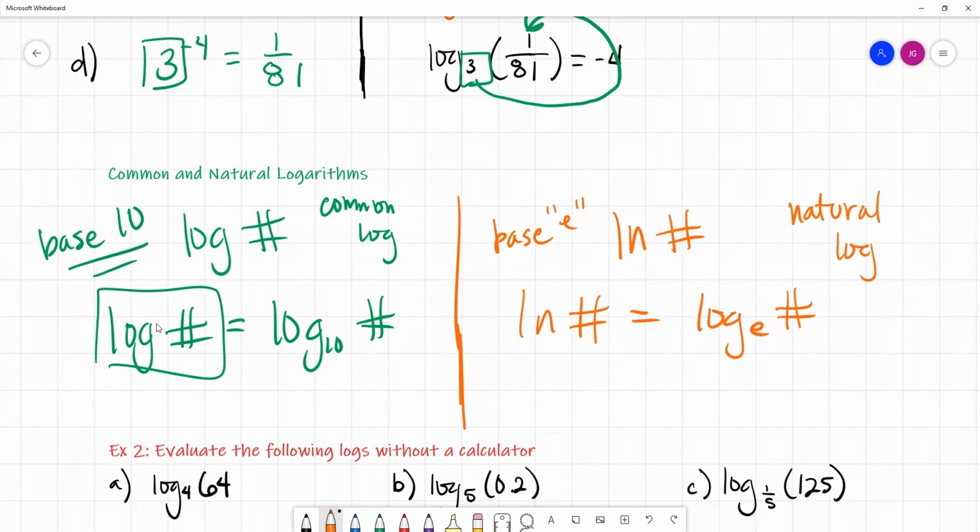The other cool thing about these two logs is that they're the only two we can do on a typical calculator. Other calculators can do other bases, but on most scientific calculators circulating around, these are the only two we can calculate.